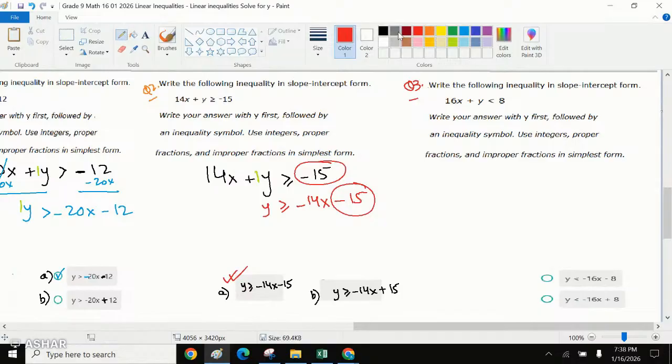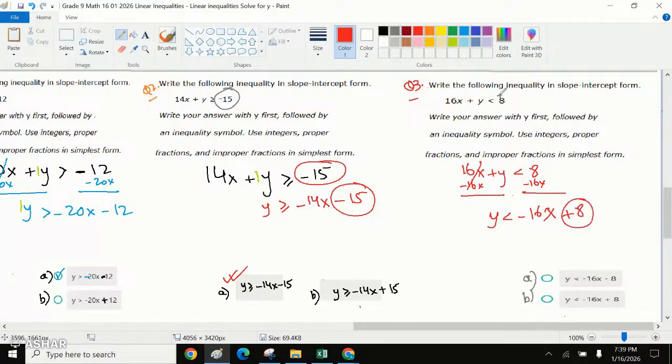In question number 2, we saw the sign, right? This sign stayed the same. This is plus 8. Then it should stay as, yes, option B. It should stay the same. Why? 16x plus y is less than 8. We subtract 16x. Y is less than minus 16x plus 8.